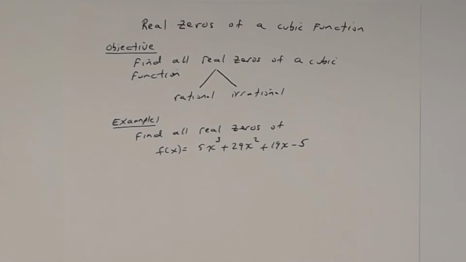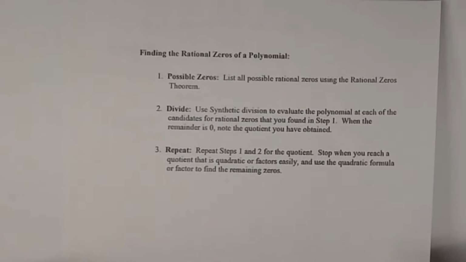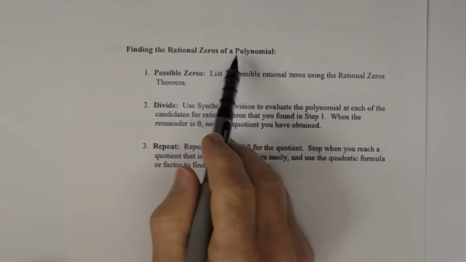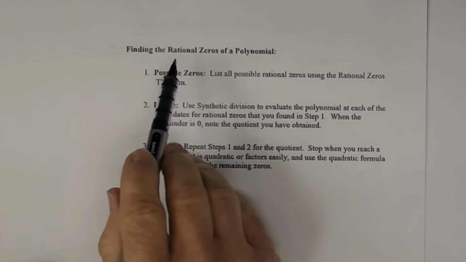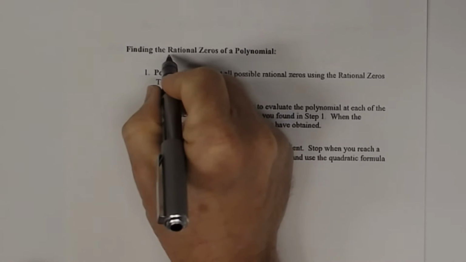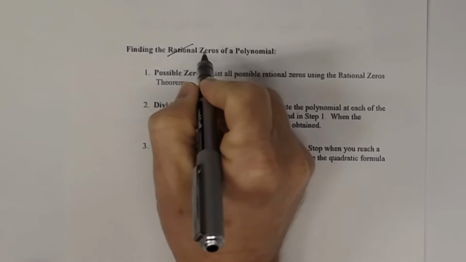Example one says find all real zeros of this function. We have 5x cubed plus 29x squared plus 19x minus 5. Remember, in the previous lesson we used these steps to find the rational zeros of a polynomial. But these steps still hold true regardless of whether our zeros are rational or irrational.